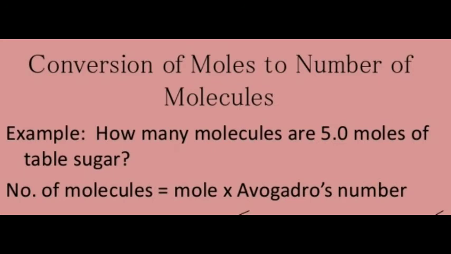Here for the number of molecules, just multiply 5 into 6.022 into 10 power 23. We will get the number of molecules of sugar. So with the same formula we can calculate the number of atoms, particles, everything.